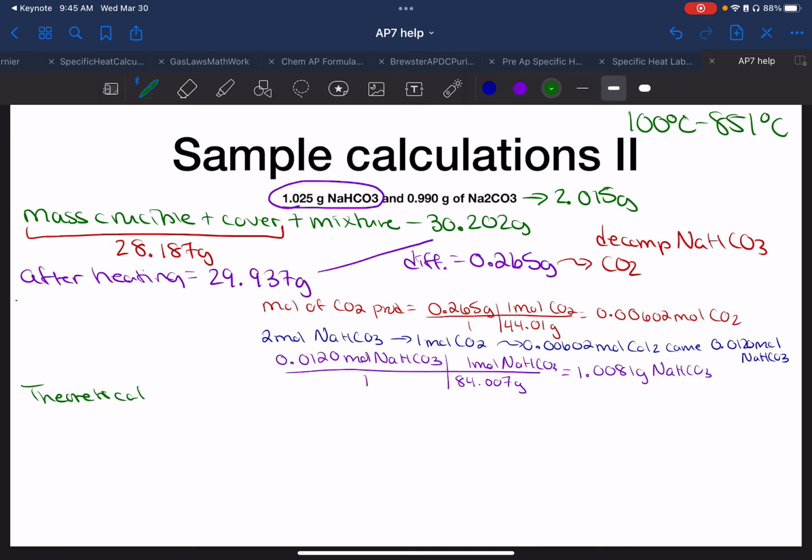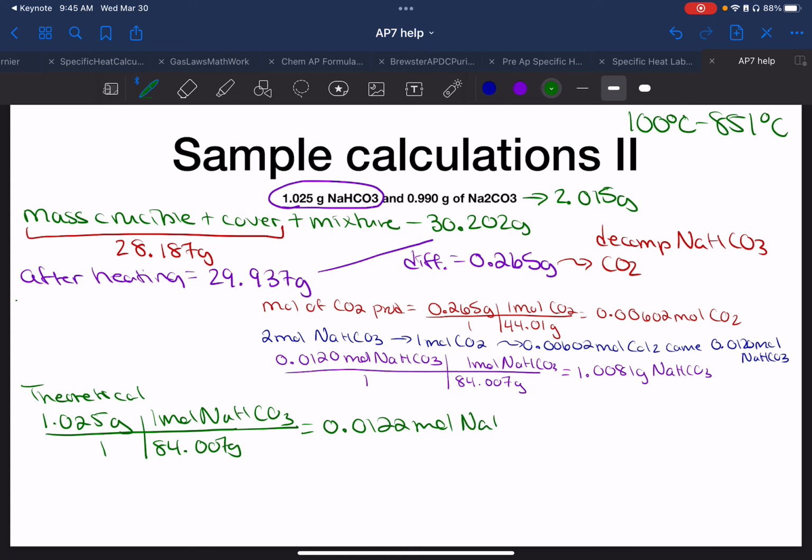Okay. So if I take 1.025 grams and I divide it by the 84.007 grams to 1 mole of NaHCO3, I'm going to find out that I could produce 0.0122 mole of NaHCO3. This is on theory, okay?